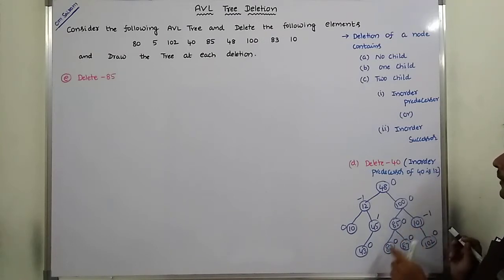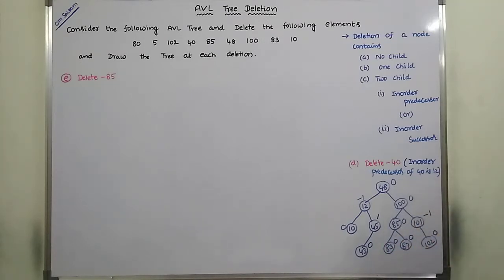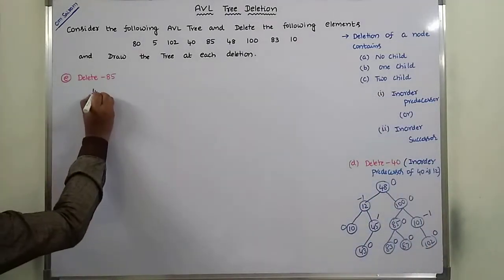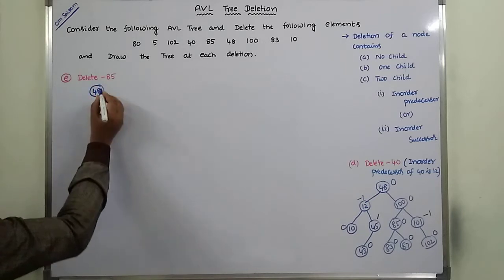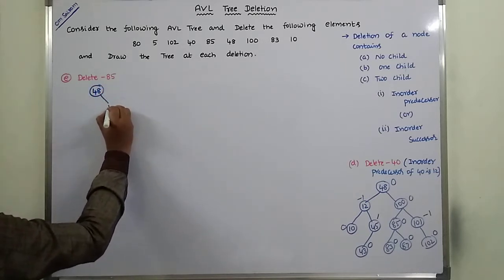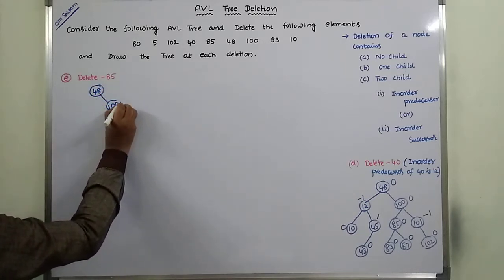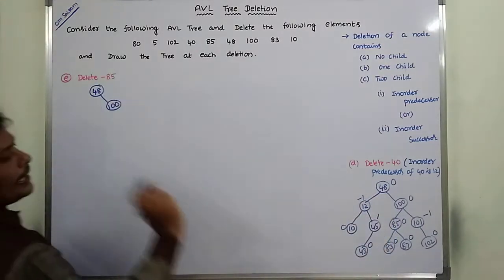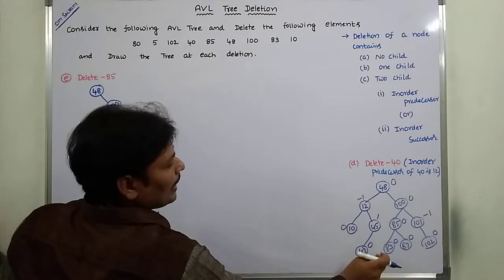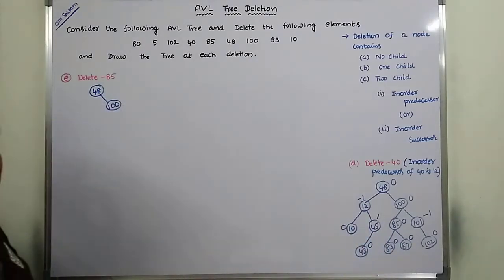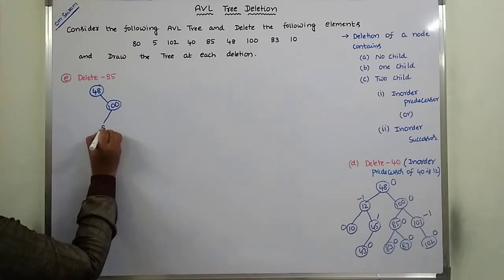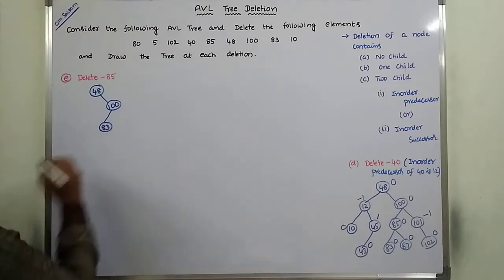Now 85 can be replaced with 83. So the in-order predecessor of 85 is 83, and it is replaced with 83.